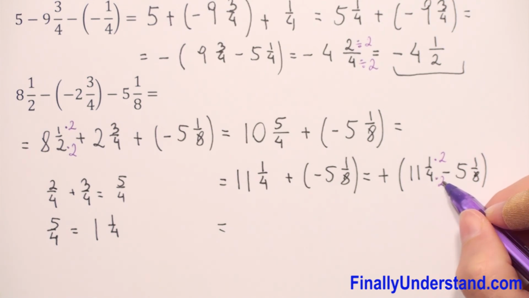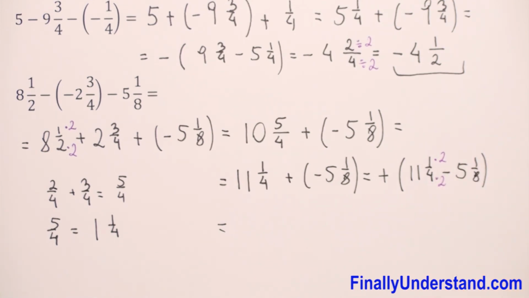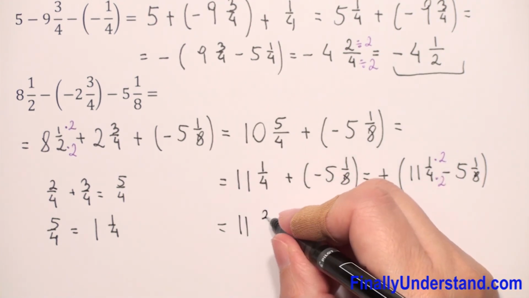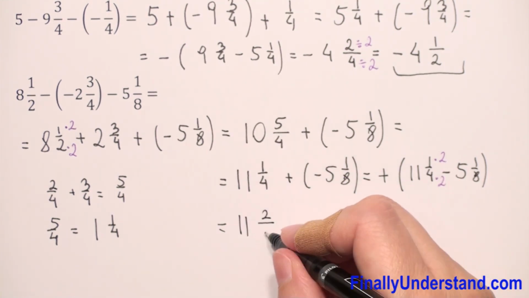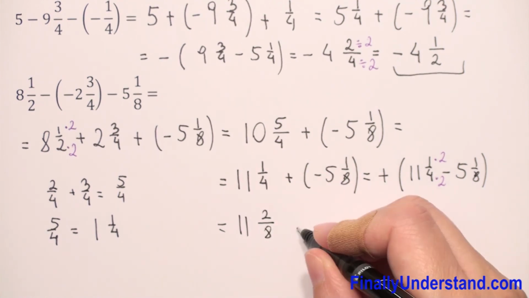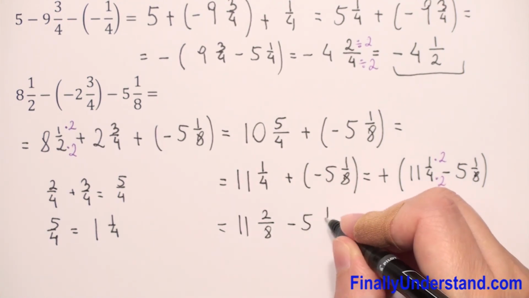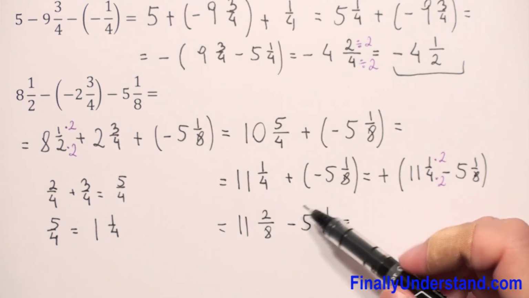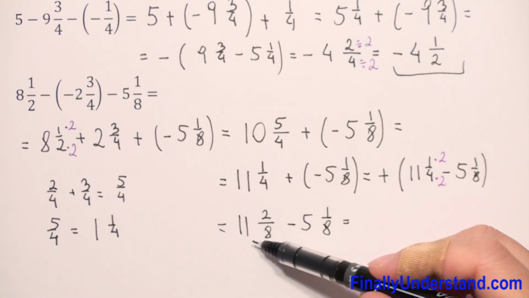Whatever I did with the denominator, I have to do the same with the numerator. So I have 11, 1 times 2 is 2, 4 times 2 is 8, minus 5 and 1 over 8. So this is equal. Now we have to subtract mixed numbers.